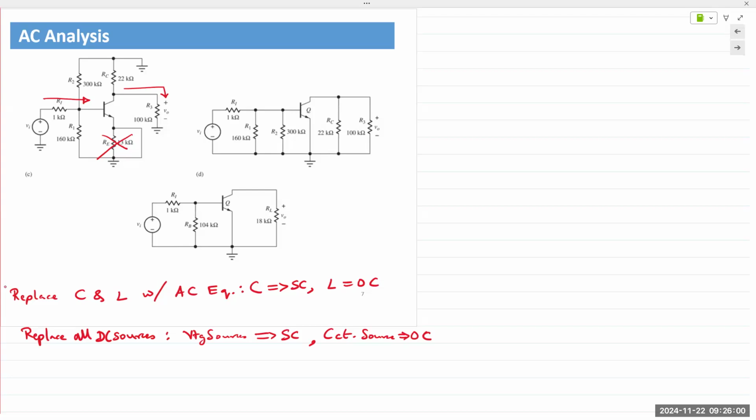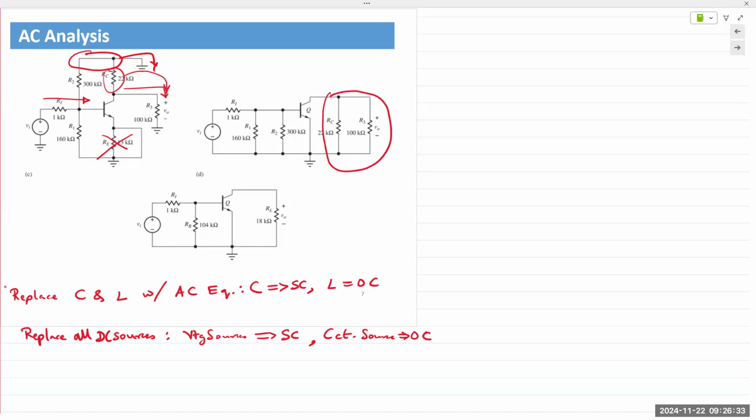Make sense? So now let's look at the effect. What do we see? Because the DC voltage source VCC is replaced with a short circuit, there is a direct pathway to ground. And that brings the collector resistor in parallel with the output resistor R3.